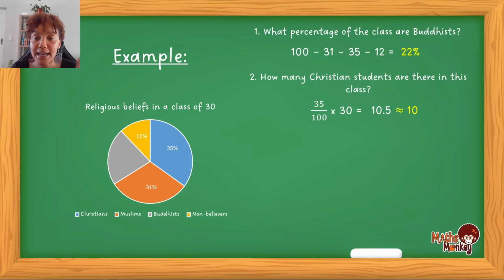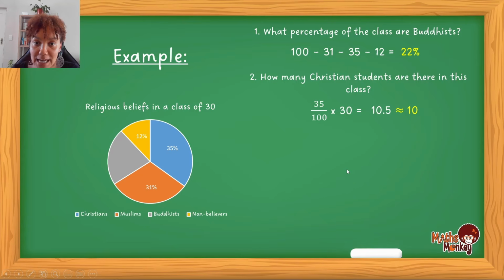Now, remember, if you looked at my previous video on rounding, I explained how this would have to be rounded down, because in the context of the question we are looking at human beings in a classroom, so we cannot have 0.5 of a person. So the amount of whole human beings that are Christians would be 10.